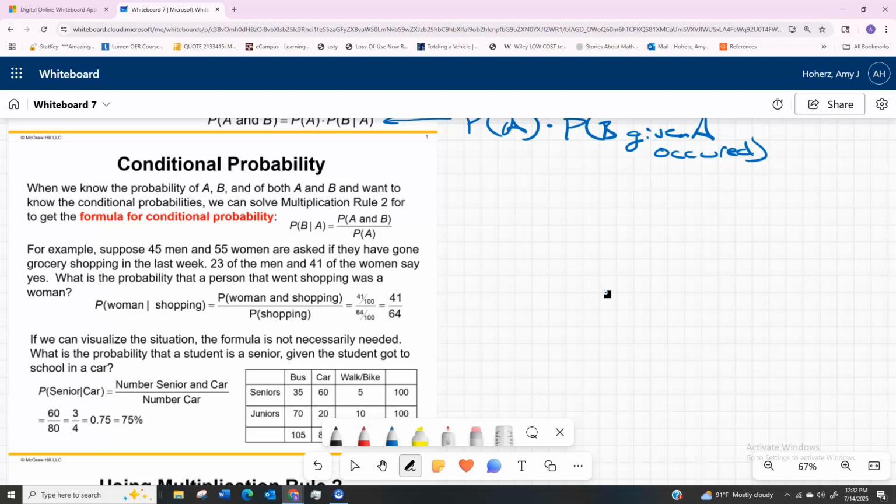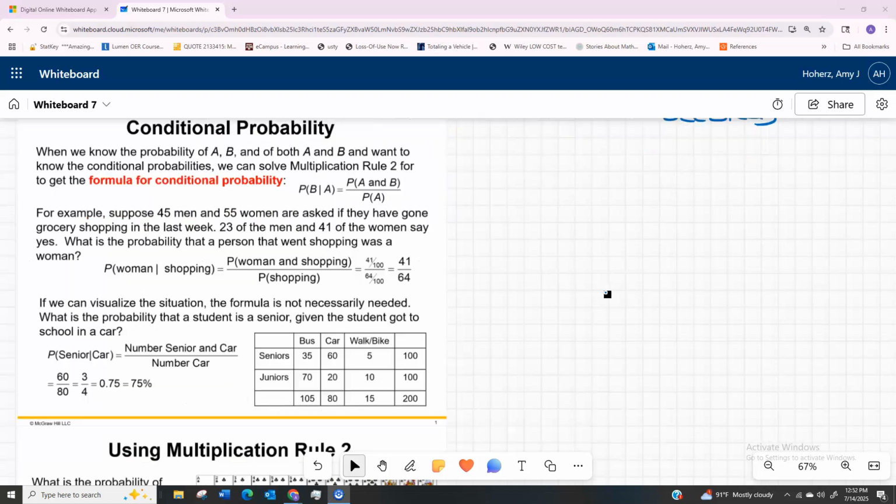So let's look at this example. It says, suppose 45 men and 55 women are asked if they've gone grocery shopping in the last week. 23 of the men and 41 of the women say that they have. So the probability that we have a woman shopper out of the entire sample is 41.